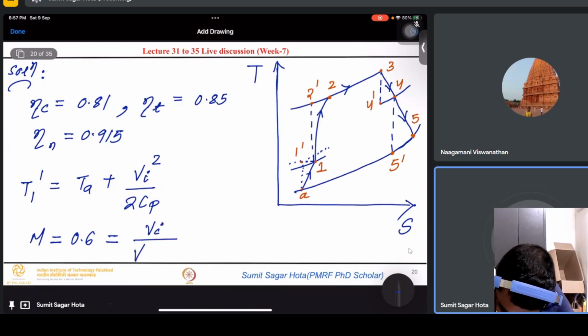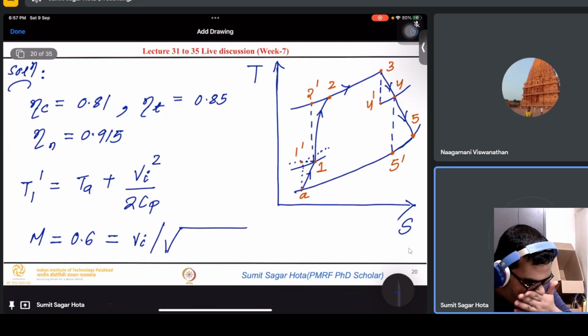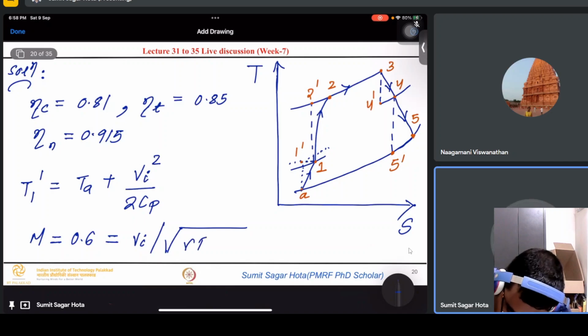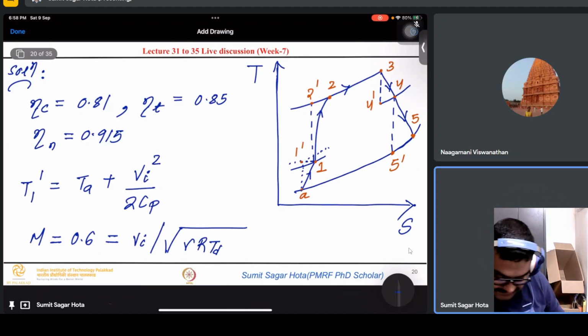So actual velocity Ci, sonic velocity formula is root of gamma RT.